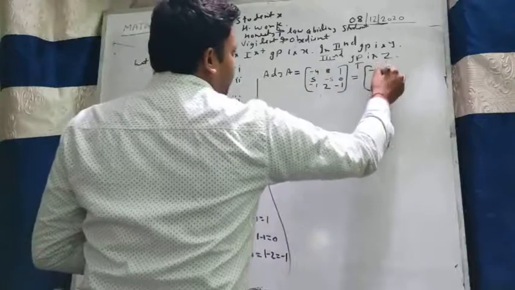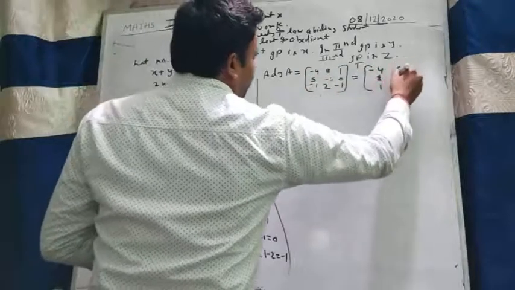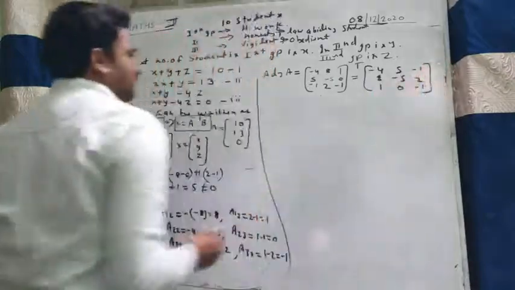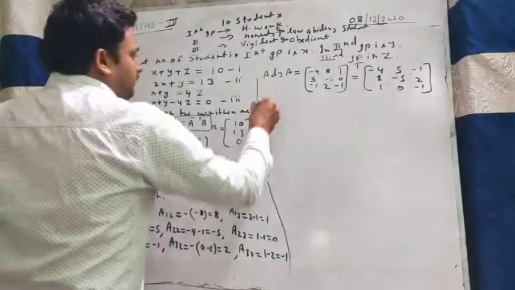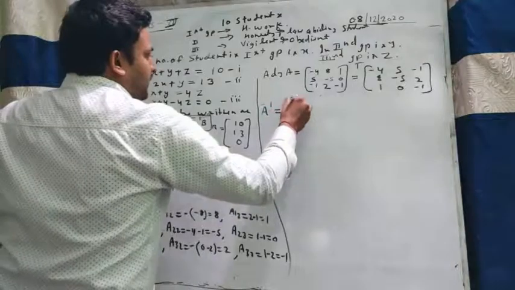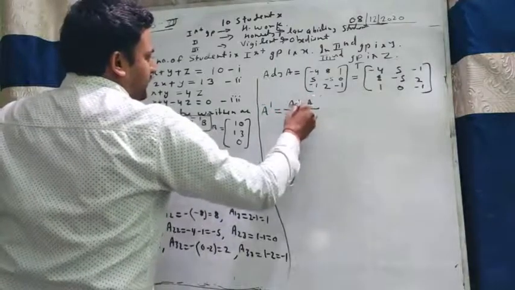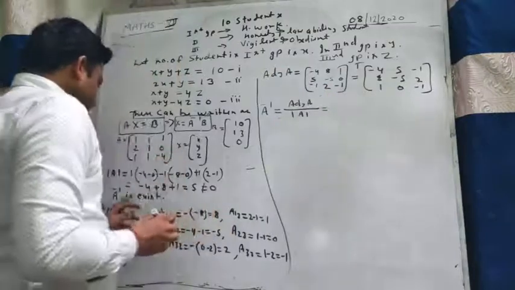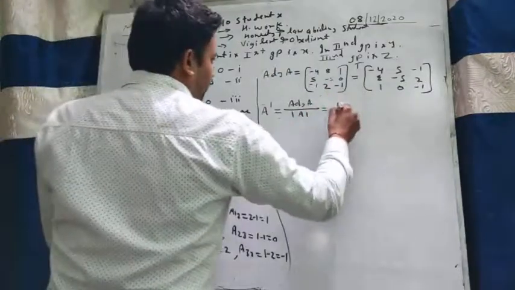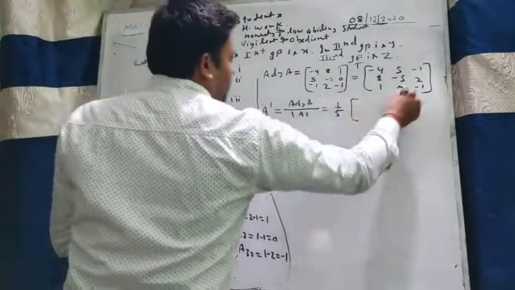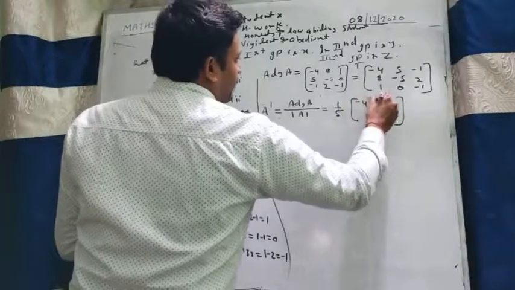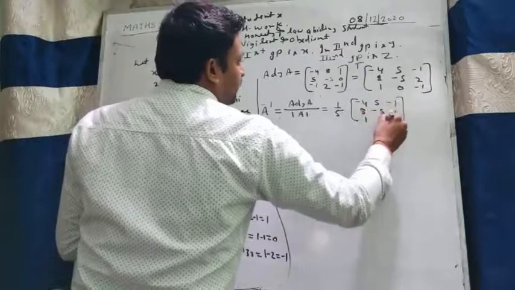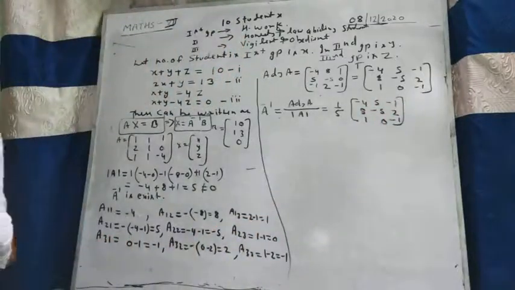We write minus 4, 5, minus 1, 8, minus 5, 2, 1, 0, minus 1.